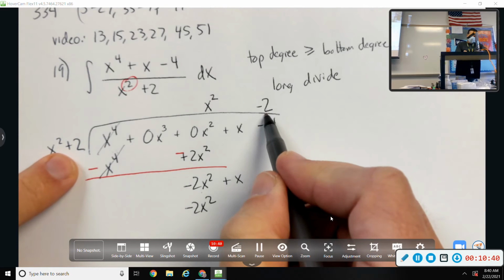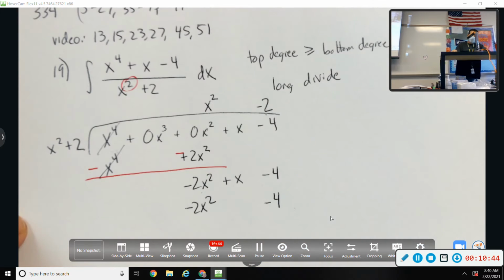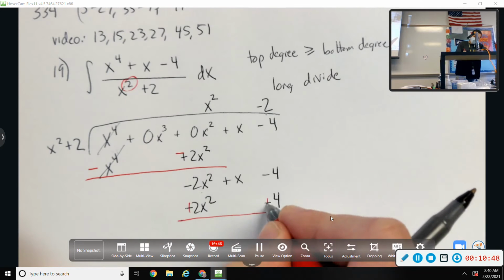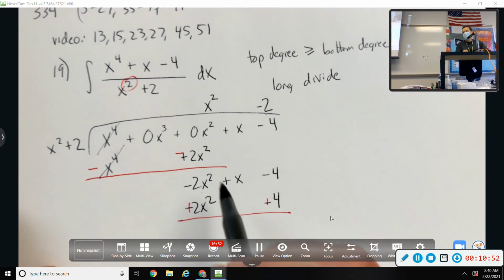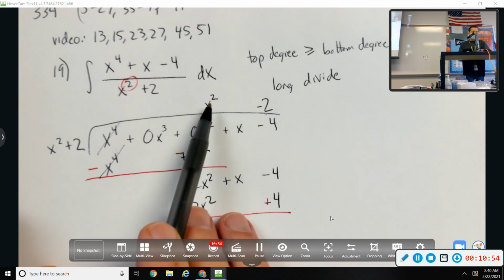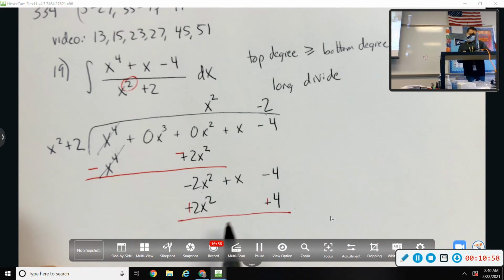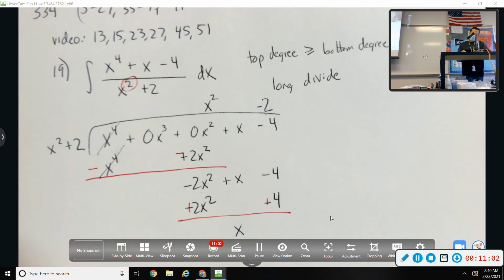Negative 2 times negative 2 would be negative 4. And we change the signs. The x squareds go away. The lead term always goes away, right? If you pick the number correctly, then that's going to happen. x comes down. Minus 4 plus 4 goes away.